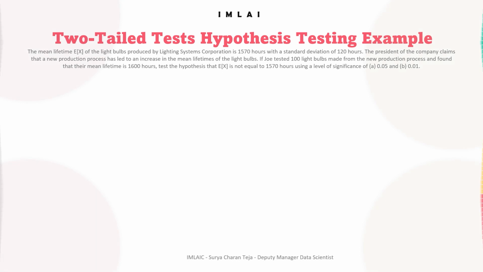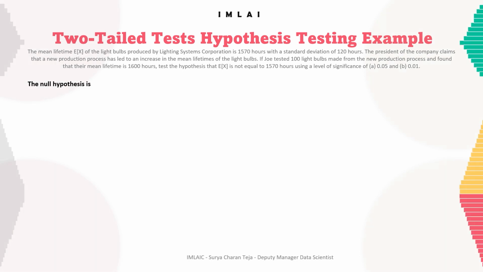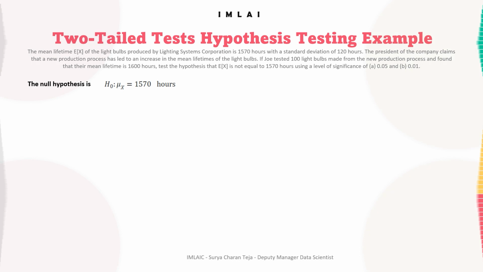Let's formulate the hypotheses. Let's formulate the null hypothesis first. The null hypothesis H naught is mu sub x is equal to 1570 hours. And let's formulate the alternate hypothesis.